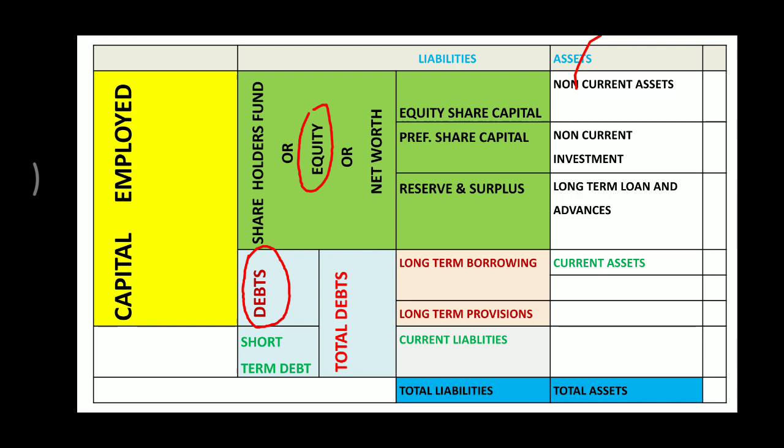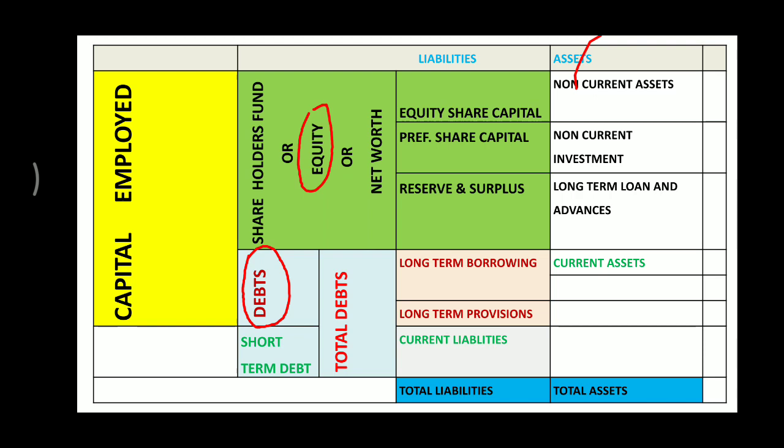And below that, current liabilities. Current liabilities are also known as short term debts. Long term debts are long term borrowings and long term provisions, and current liabilities are known as short term debts.